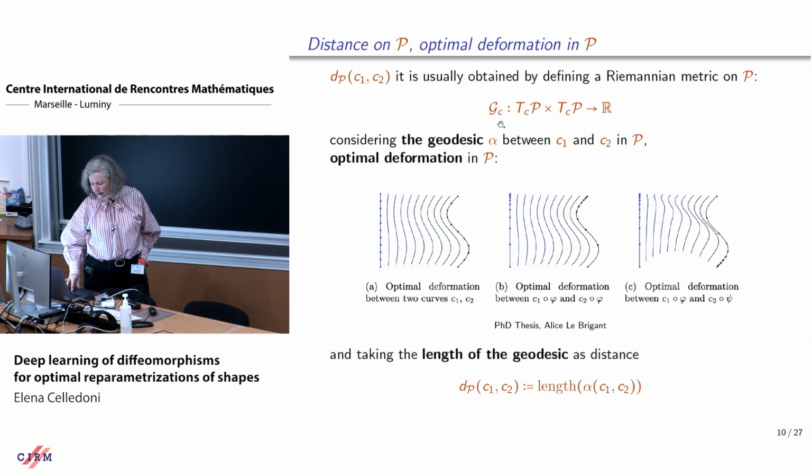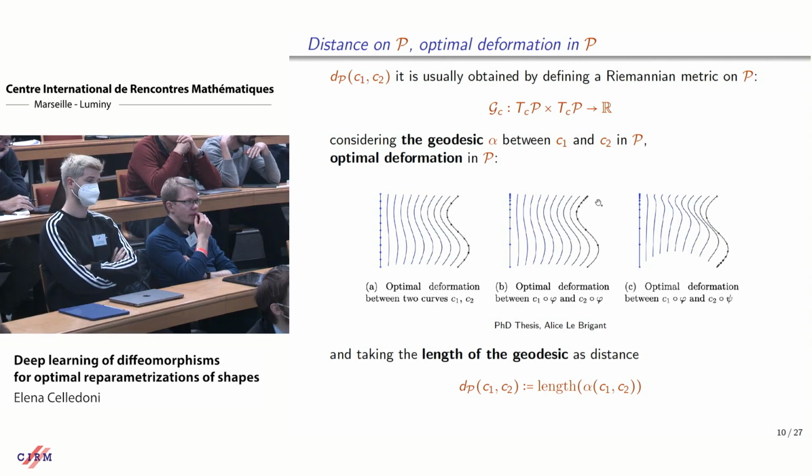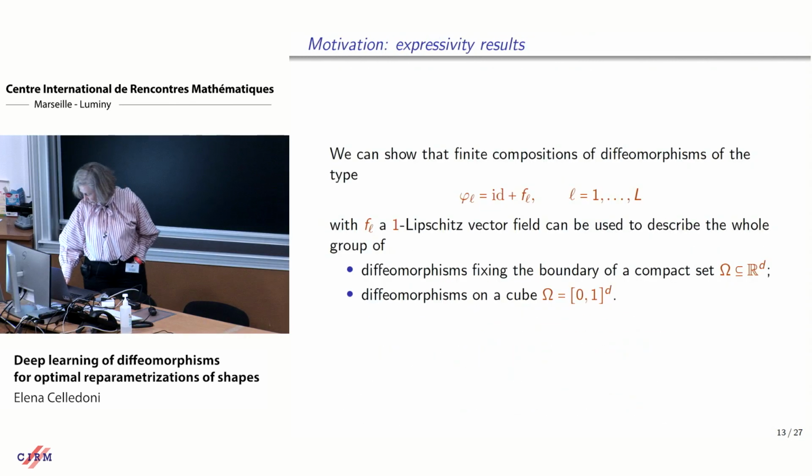So you take your Riemannian metric, and then the distance between the curves in the parameterized space is simply the length of the geodesic that the Riemannian metric is giving you. And what is a geodesic? These pictures give you examples of geodesics.